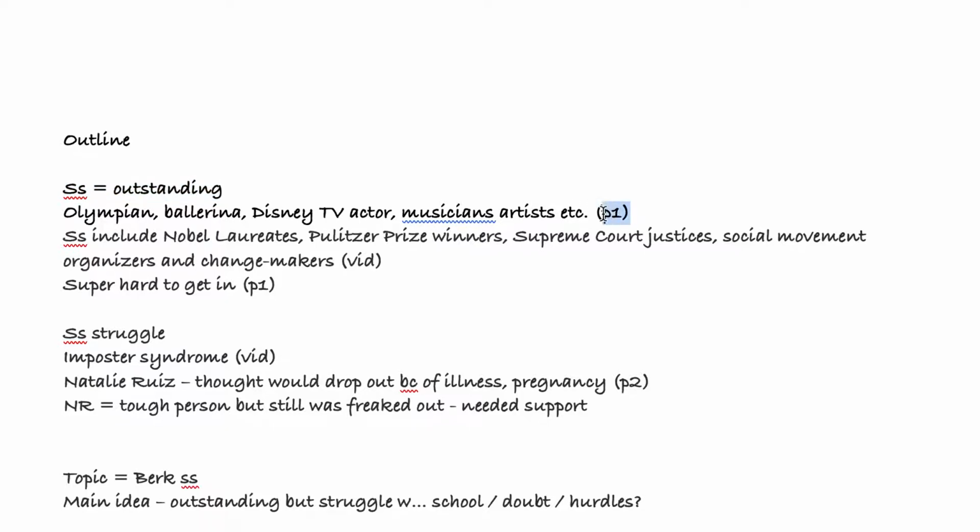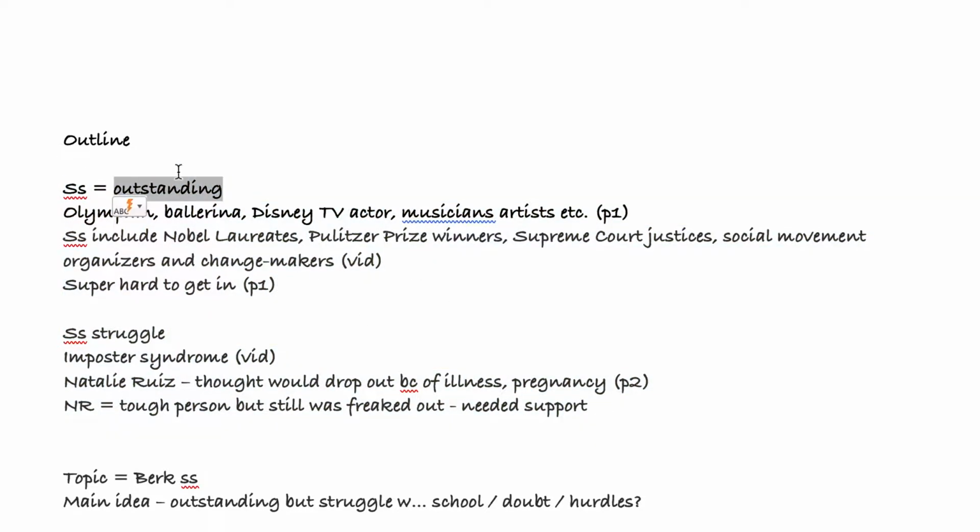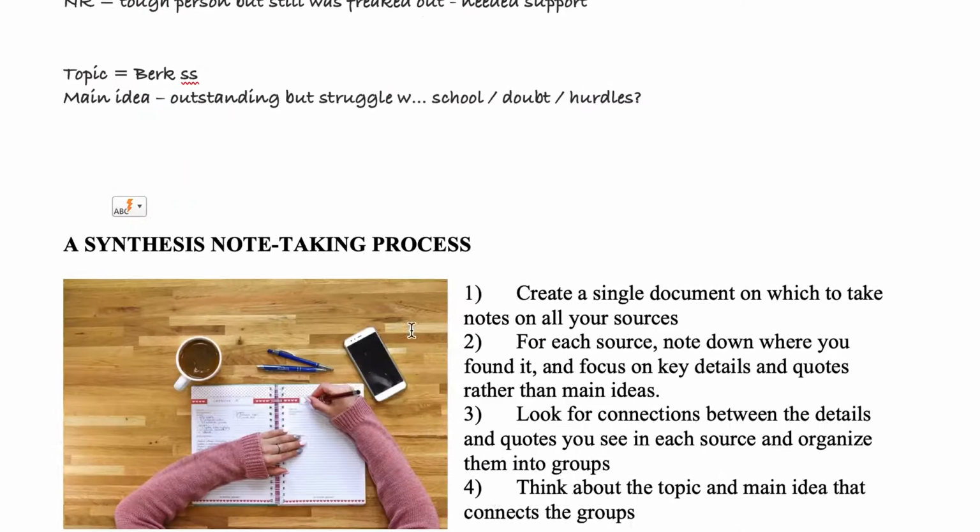There's some examples from the first passage, but there's also some examples of that in the video. But there's also stuff in these passages about students struggling, like stuff that comes up in the video or in the second passage. So from all these passages, you can get these 2 groups of ideas: the students are outstanding, the students struggle.